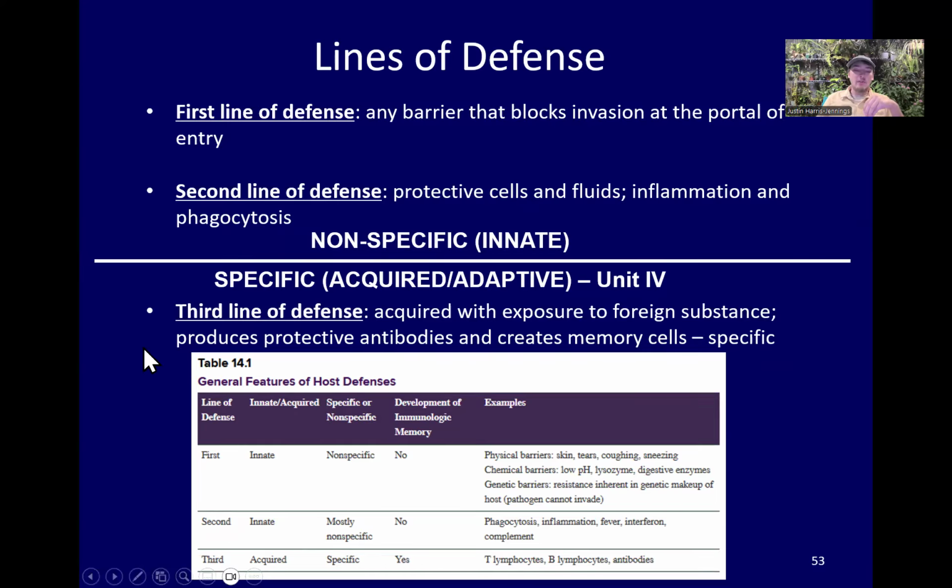We also then have the third line of defense, and this is the area that I study in VDJ recombination, the adaptive immune system, which is a system where you have specific cells that are specialized to specific pathogens. And it does this through a trial and error process.